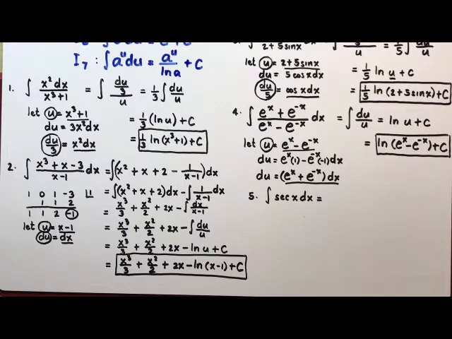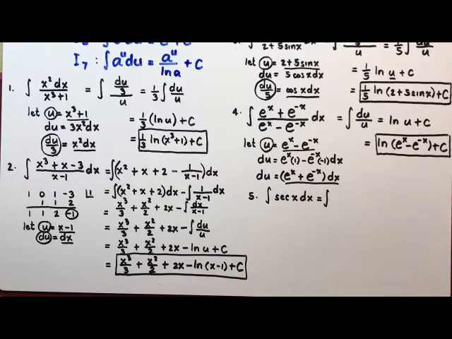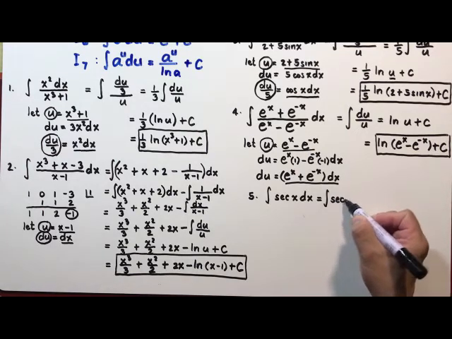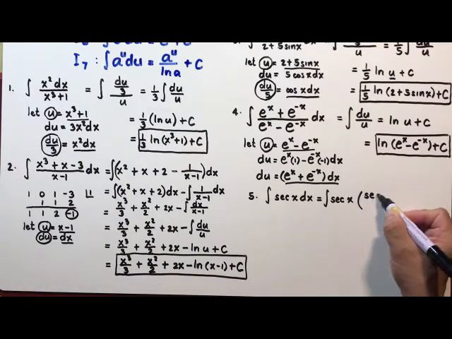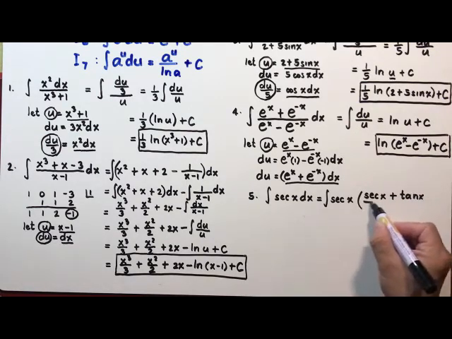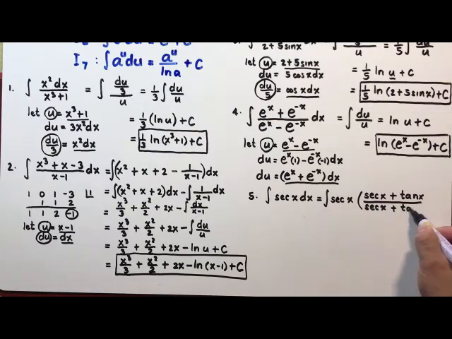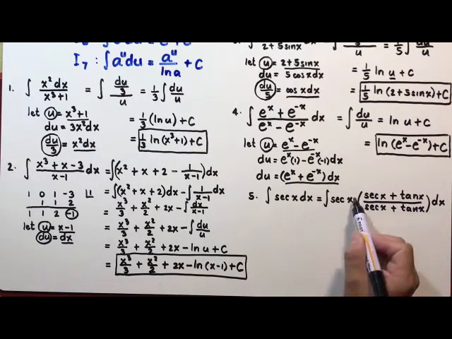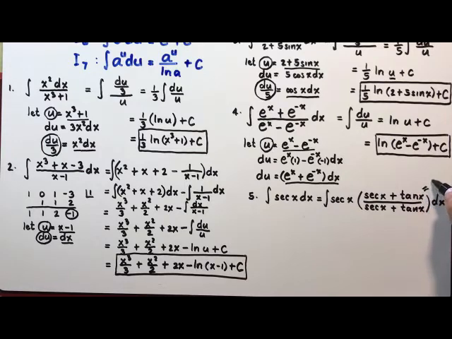If you are an experienced person in integral calculus, you need to think in advance that when I multiply secant x by the expression secant x plus tangent x over the same expression secant x plus tangent x, we realize that we did not alter our integrand because our integrand of secant x is just multiplied by an expression which is equal to 1.